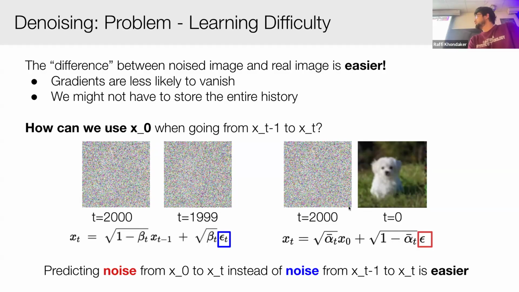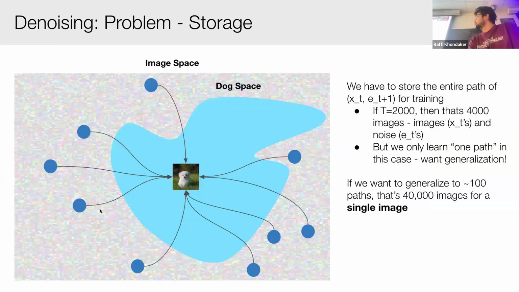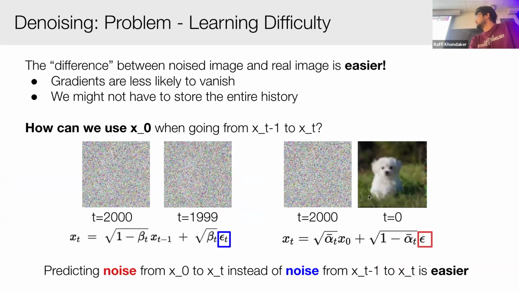So instead of learning this intermediary value, from this dot to this dot, we try to predict the amount of noise from here to here. To reiterate, these two images have almost no visible differences, so we're going to have a very small gradient, vanishing gradient. We don't want that. Whereas these two images are very visually different, so we're going to have a very strong training signal, very strong gradients. Does that make sense?